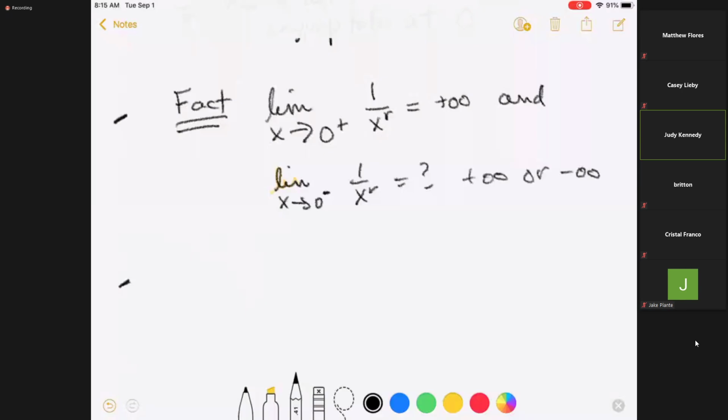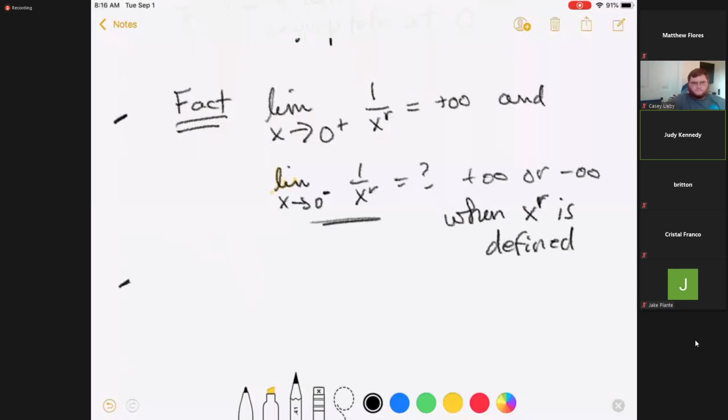And also for this bottom one, you have to worry about when x to the r is defined. Sometimes it's not. For example, if r is a half, you can't talk about the square root of -1 because we're not going to talk about complex numbers in here. But this limit's always plus infinity or minus infinity, provided it exists.